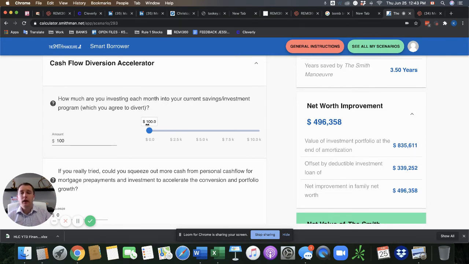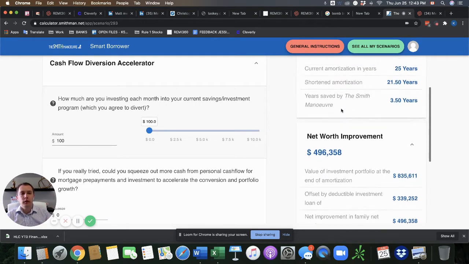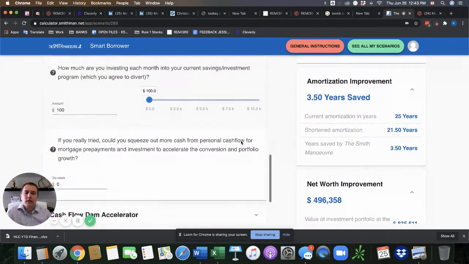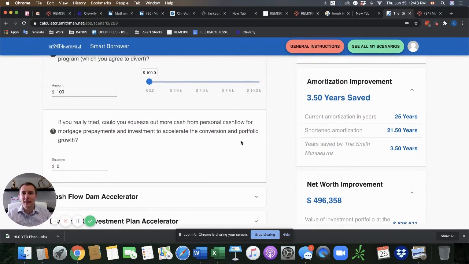By taking only $100 every month, you can increase your net worth by almost $500,000 over the term of your mortgage. So your portfolio will be about $835,000. Because it's new money coming in, you'll be able to shave your mortgage from 25 years down to 21. But realistically speaking, when you start doing this, you'll get excited and see how you're shaving off your mortgage fast.